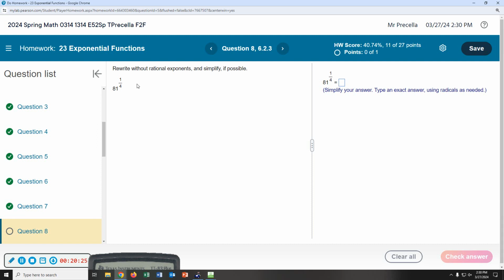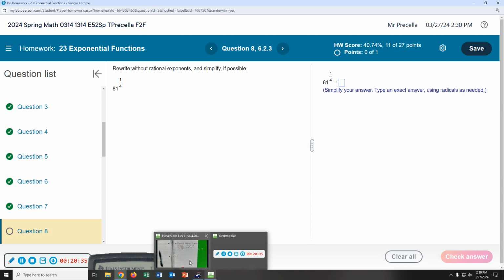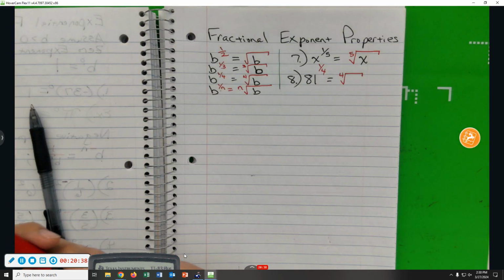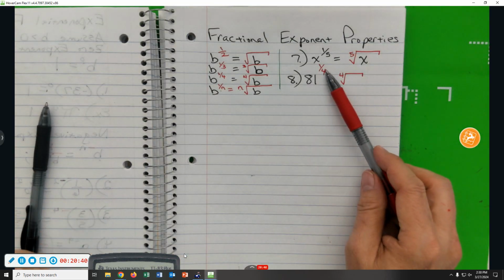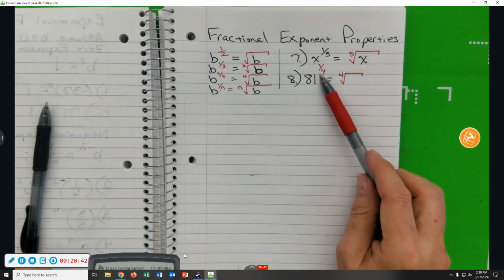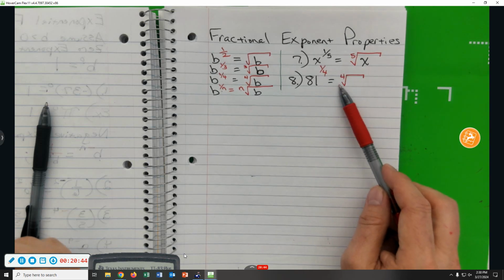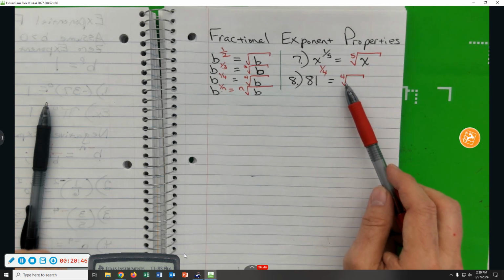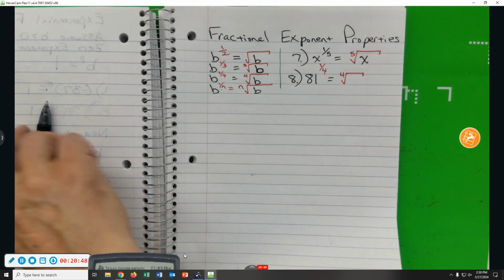That 1/4 exponent is the same thing as the 4th root of 81.